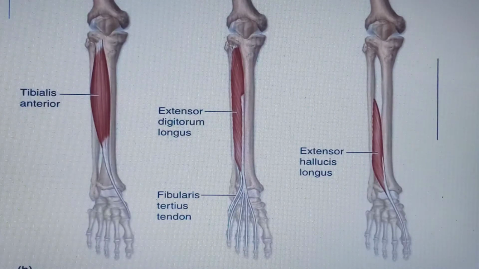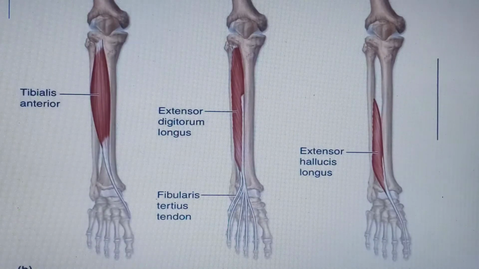Now what we are saying is that the muscles of the lateral compartment of the leg will help in eversion of the foot, so that the sole of the foot turns outwards or laterally. But in addition, this peroneus tertius muscle will also contribute to eversion of the foot, because of course it is inserting on the dorsal aspect of the base of the fifth metatarsal.